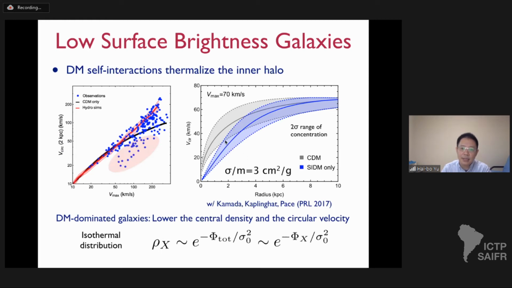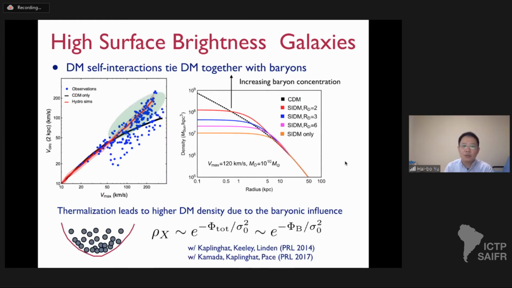And you can see that the inner rotation curves decrease because of the core formation, right? To address the full range of the diversity, we also need to explain the galaxies in these regions. These are the galaxies which are consistent with CDM simulations, including baryons, and they do not need dark matter cores.